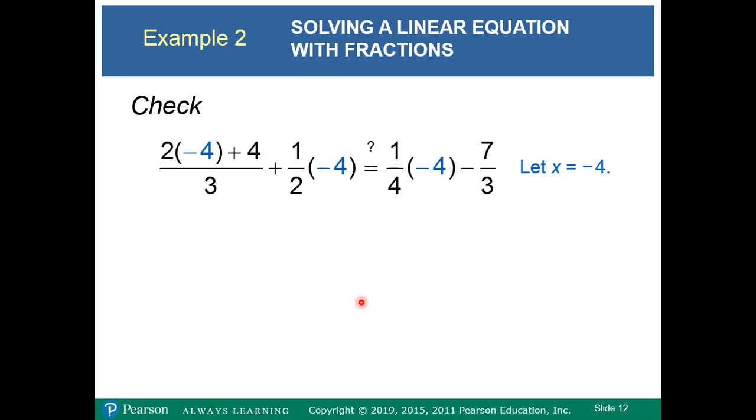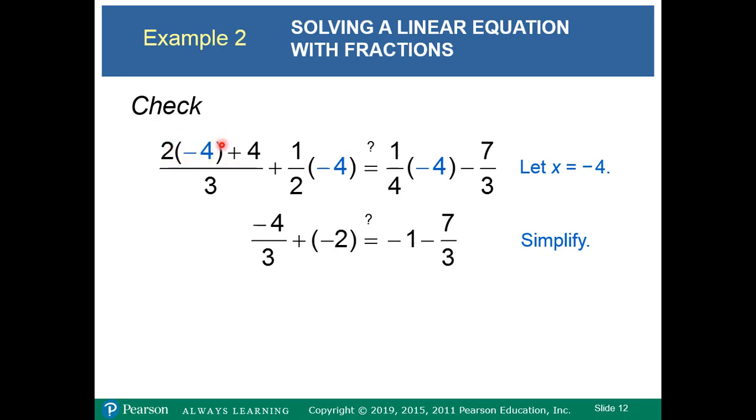Okay? And then, of course, we want to check, right? Take negative 4 and plug it back in for x. Wherever there's an x, we want to replace it with negative 4. And then we want to see if we get equal on both sides. If we get the same number on both sides, then we verified that it is a solution. So what do we get?